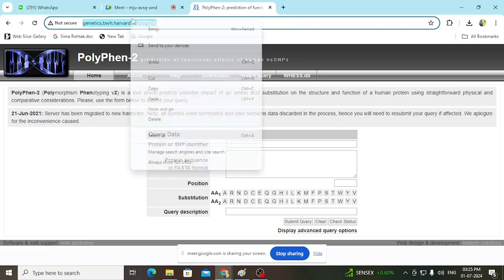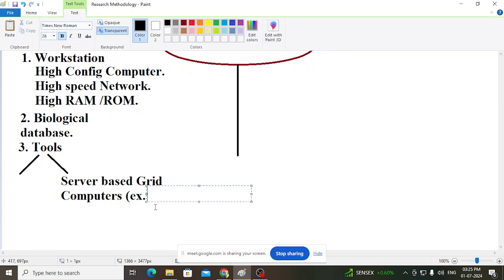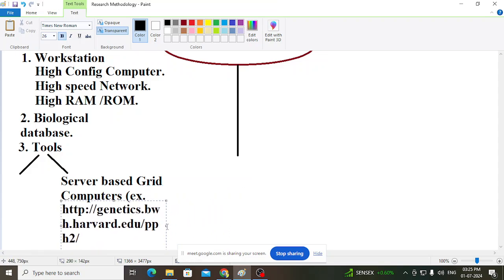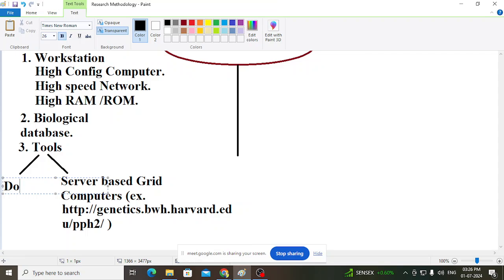So this is the example, and we'll put it as an example of a grid based or server based grid computer. Other tools can be downloadable software.